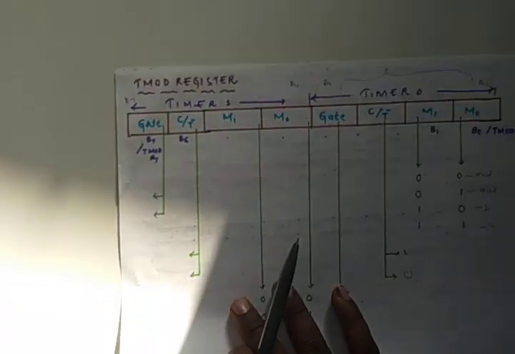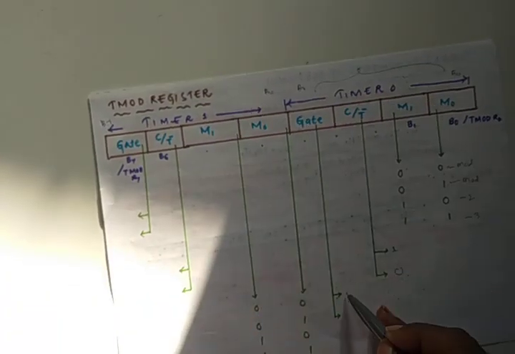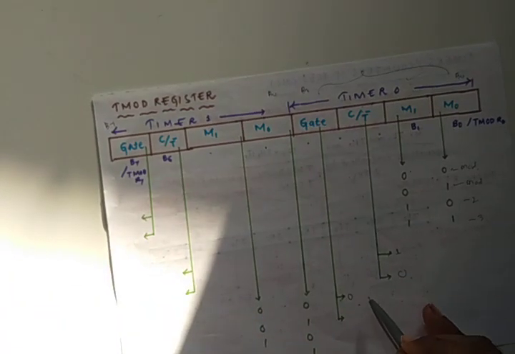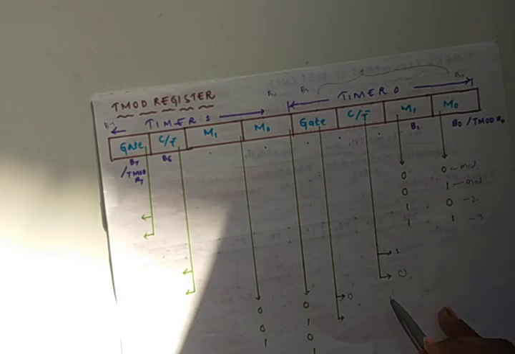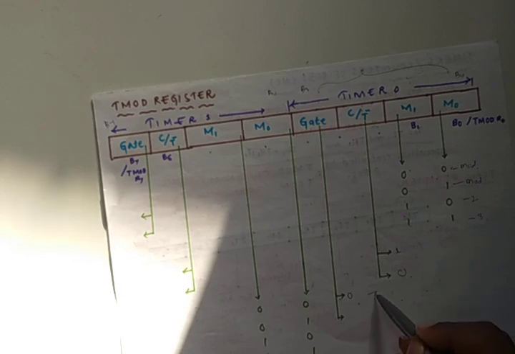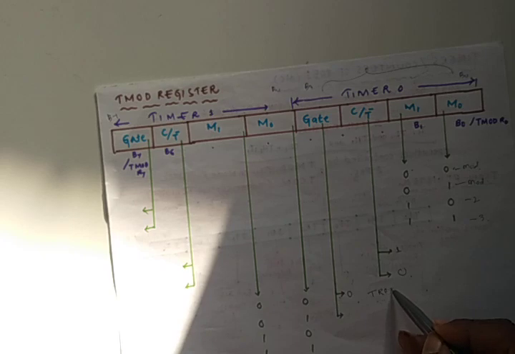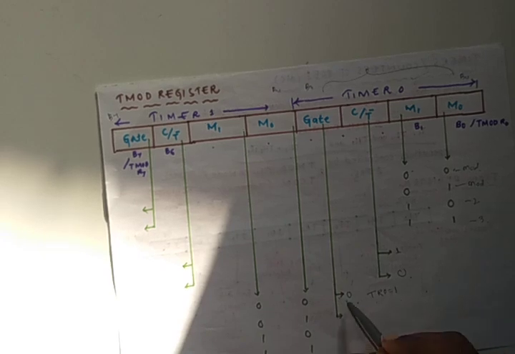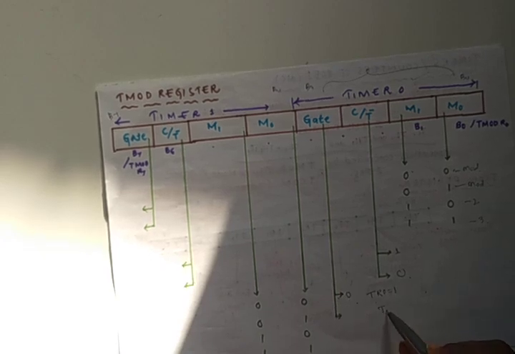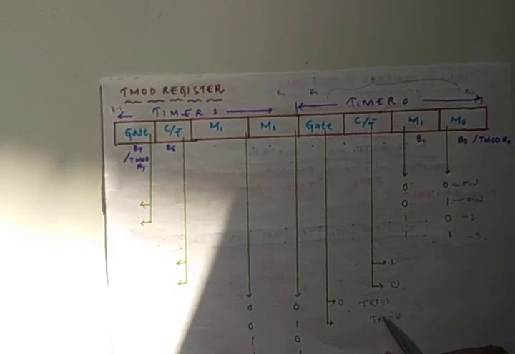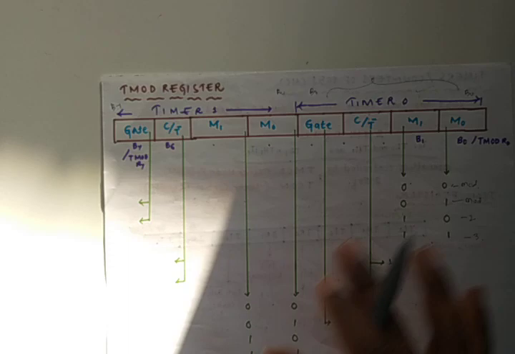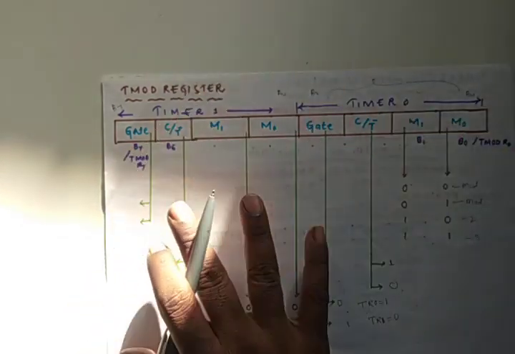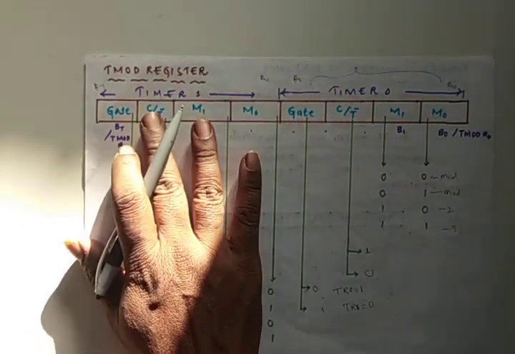That means this will be 0 if timer 0 runs, that is if TR0 equals 1 in the TCON register. If TR0 is 0, this will be 1. So these 4 bits are completed, and the same thing we can apply for these also.